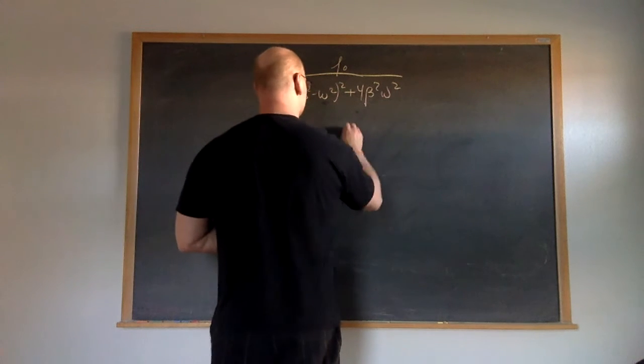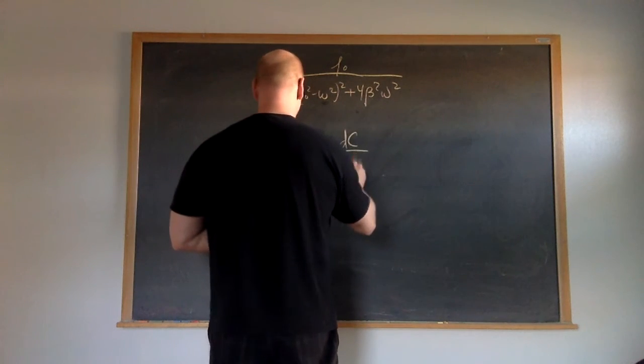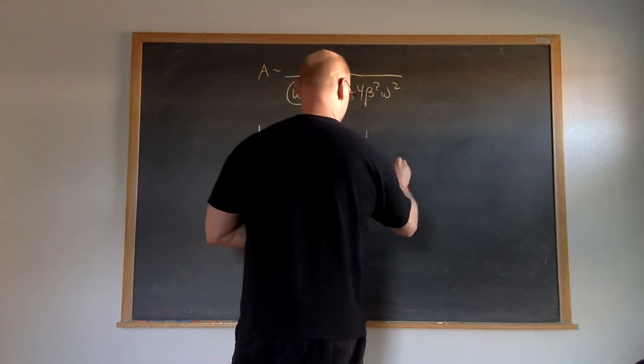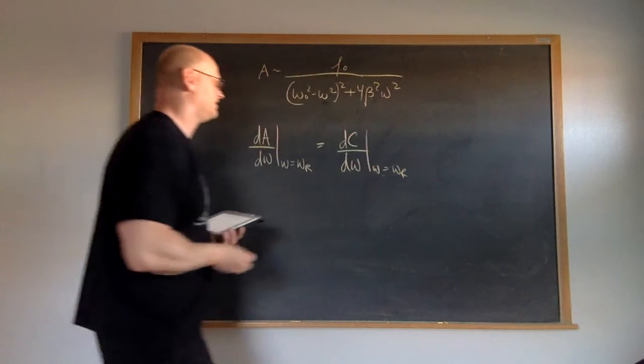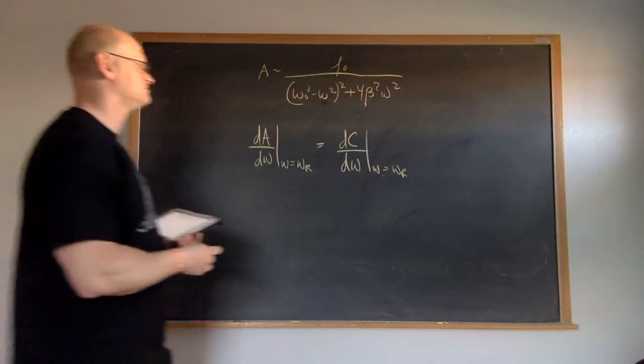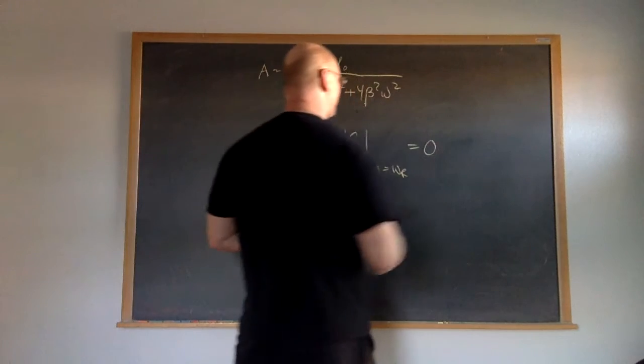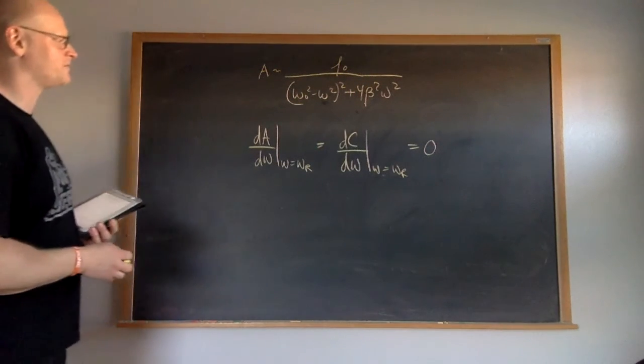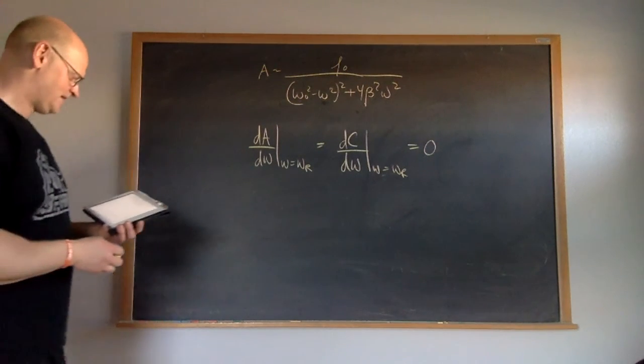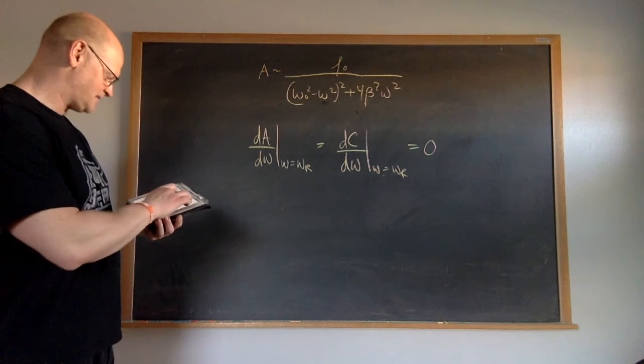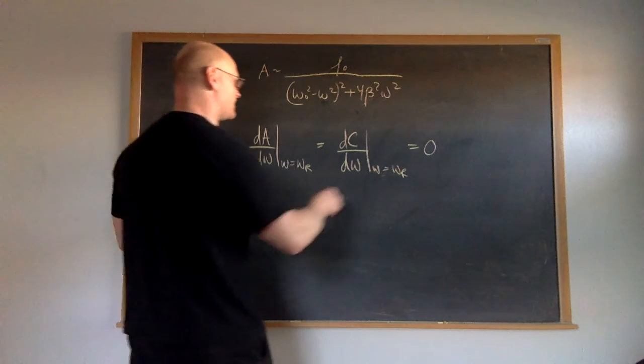That's also equal to the derivative of C evaluated at the resonance, because those two are basically the same. We set that equal to 0, and from there we can solve for the resonance.